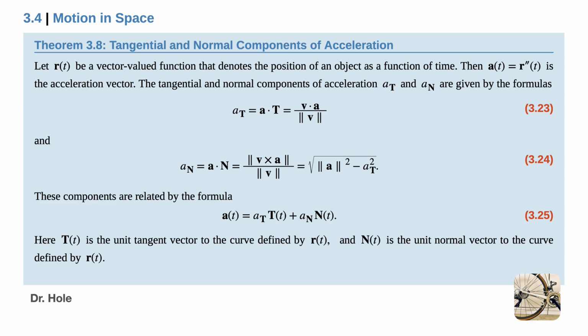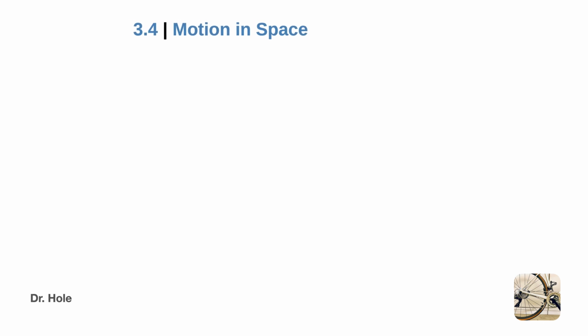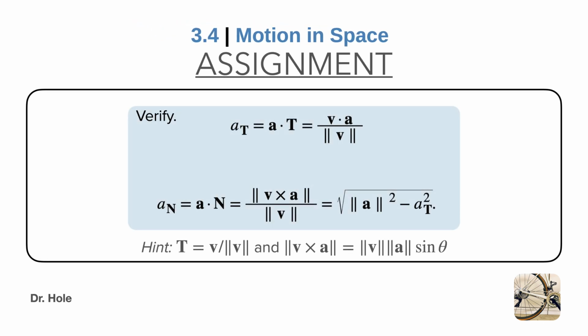And this I'm going to give to you as an assignment to verify that the tangential and normal components take these forms. And I give you 2 hints. First, that the unit tangent is in the direction of velocity, and it's velocity normalized. And if you look at the first statement that the unit tangent is velocity normalized, okay, well, that's really establishing this equality.